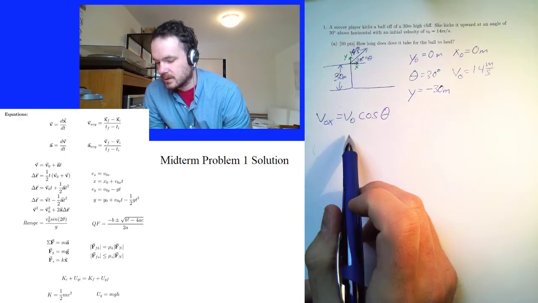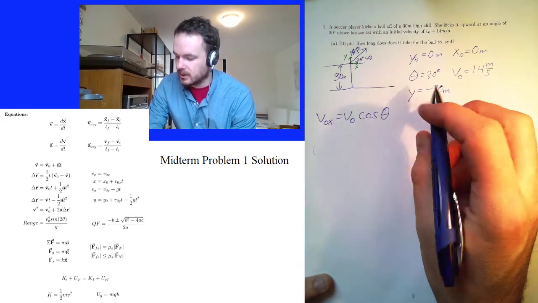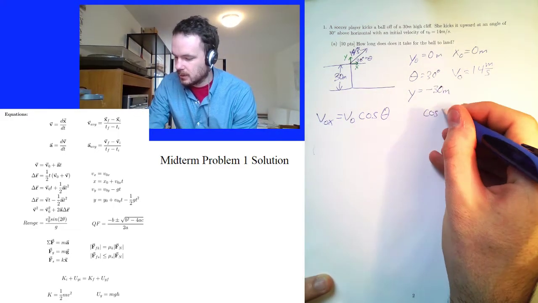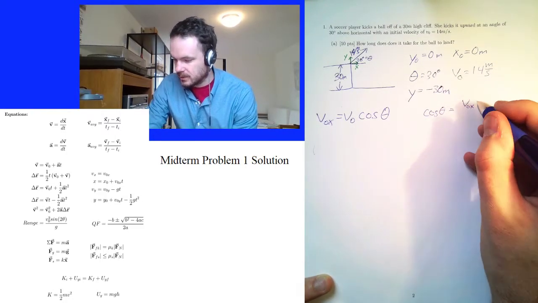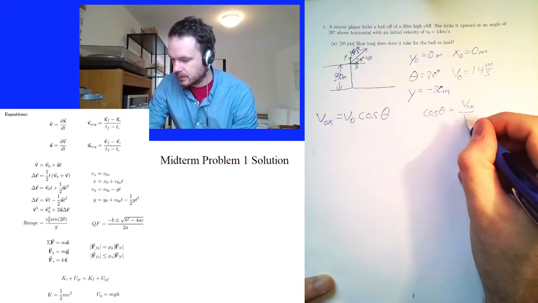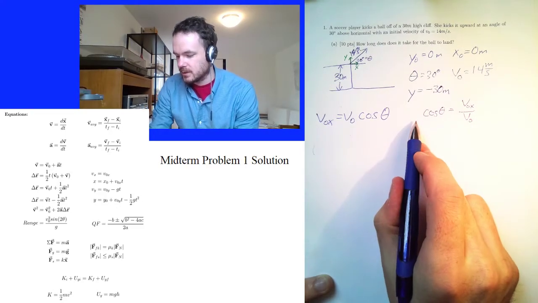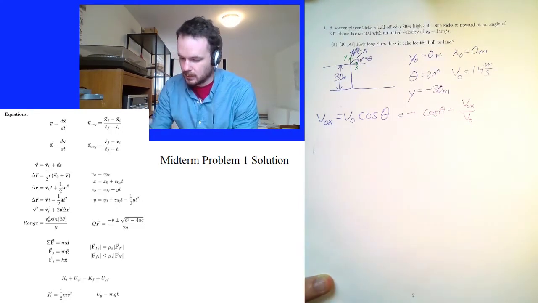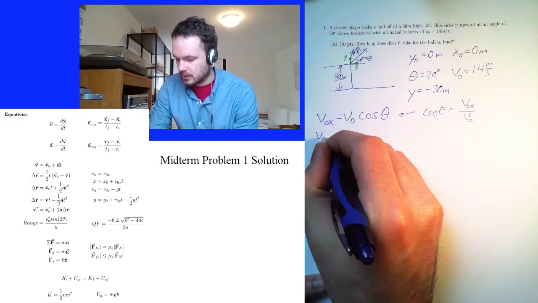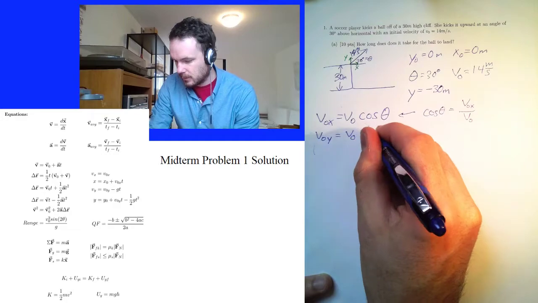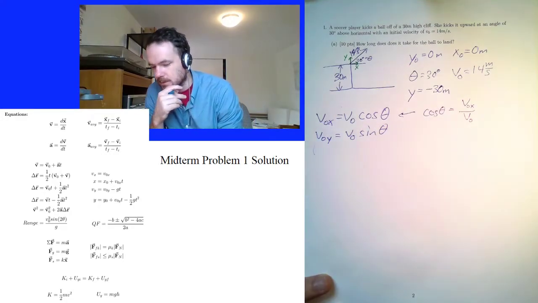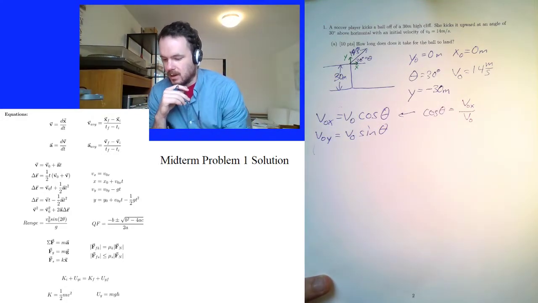Basically, cosine theta is equal to v0x, adjacent over hypotenuse, which is v0, and then I just multiply by v0 to get this here. So I know my v0y is going to be v0 sine theta. Same reasoning applies there.